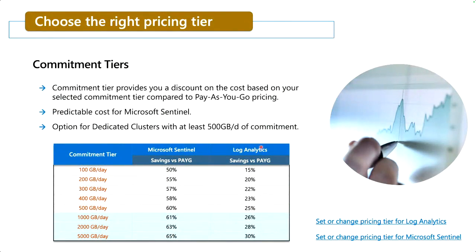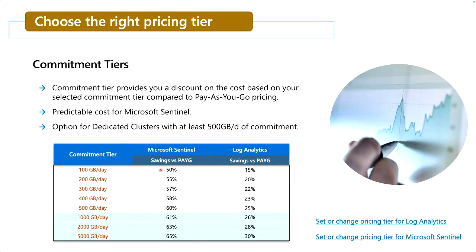As I told you, there are logs ingested to Log Analytics, but there are logs processed by Microsoft Sentinel, and those are different kinds of flows. Not everything that you ingest in Log Analytics will be processed by Sentinel, and that's why we have different pricing tiers, different commitment tiers, and discount options for each of these services.